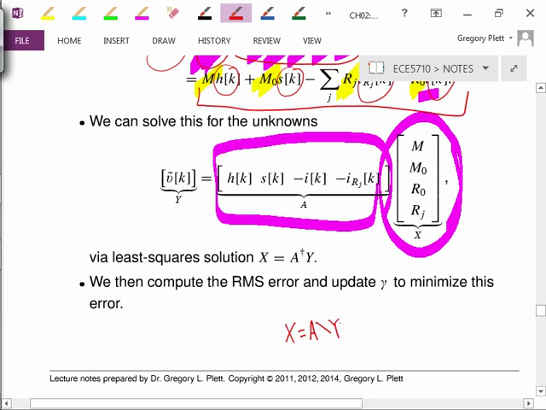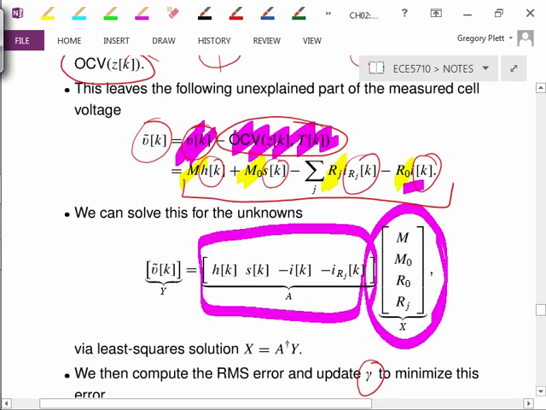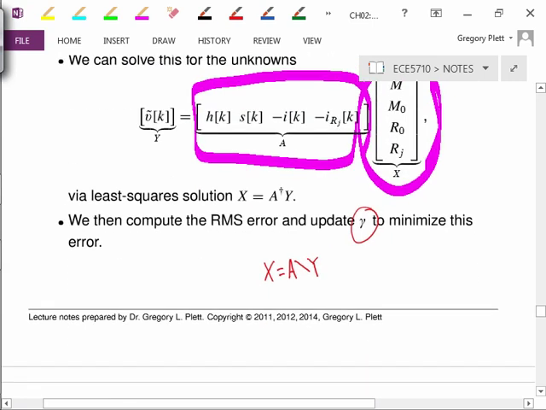We did all of this for a guess at gamma. And so we could guess a different value of gamma and get a different set of parameters in our X vector. And we could repeat this. We would need a way of telling how well these parameter values actually estimated the voltage, so once I found X, I would simulate this equation here and find the error, and maybe add up the squares of the error as a metric.